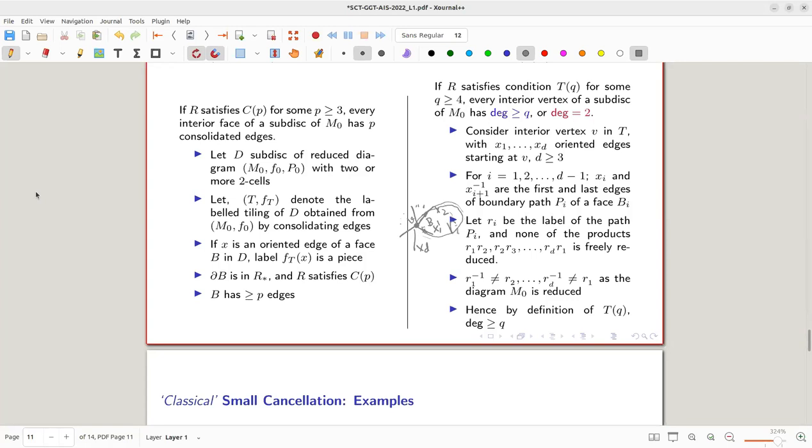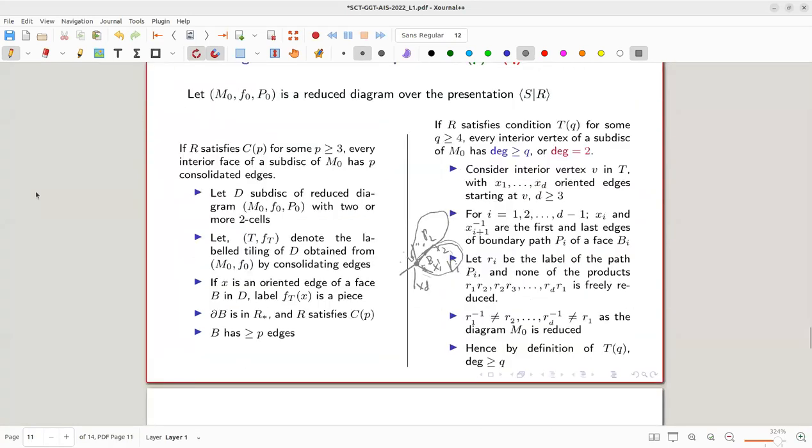Now you see that none of these products, R1, R2, R2, R3, ..., Rd, R1, are freely reduced. R1 is this, and this is R2, suppose it is like that. This is R2, just like this, this is R3, and so on.